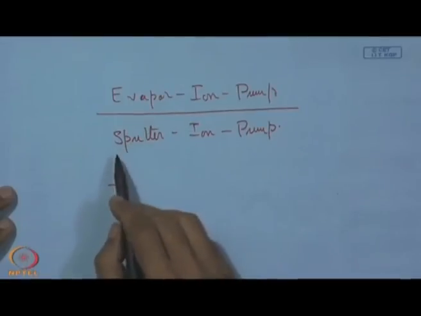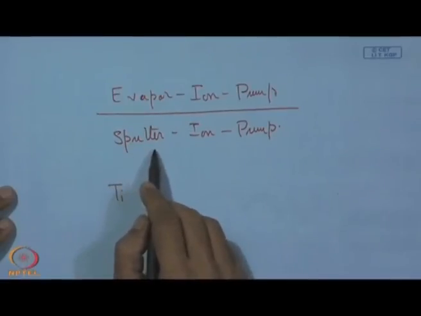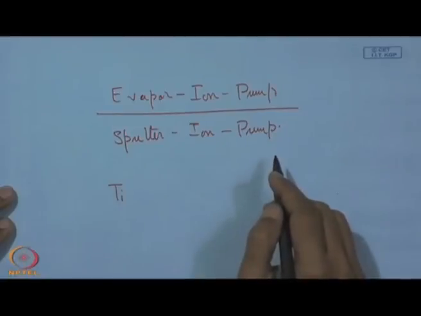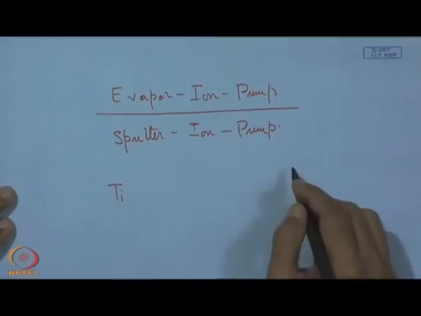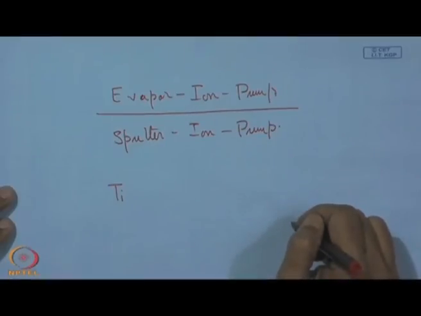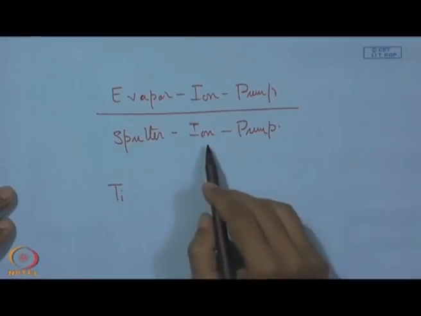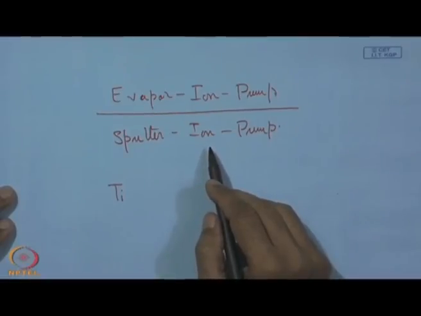Now, sputter ion pump, here instead of evaporation we sputter the surface of interest with titanium, and here the coating is done by sputtering, and this particular gas, which is a reactive gas, can be absorbed on this surface, which is sputter coated with titanium.